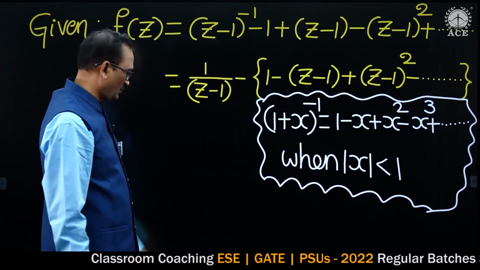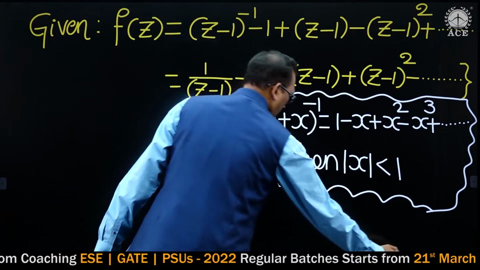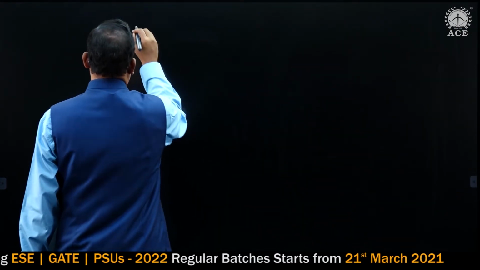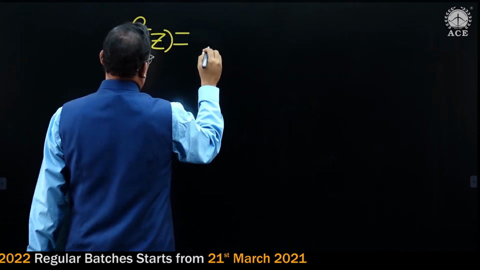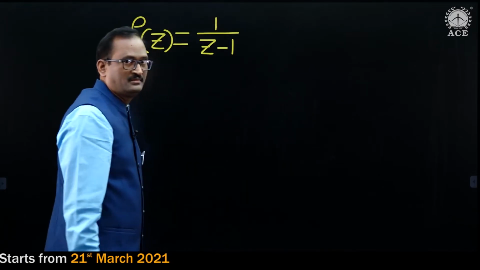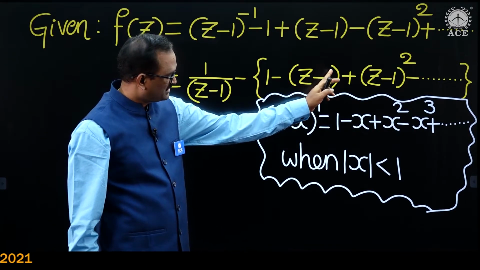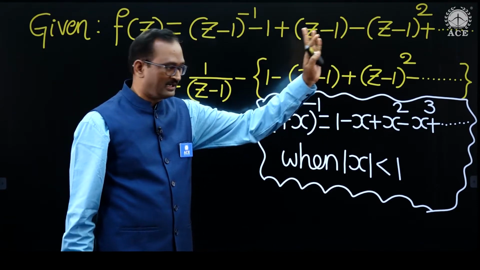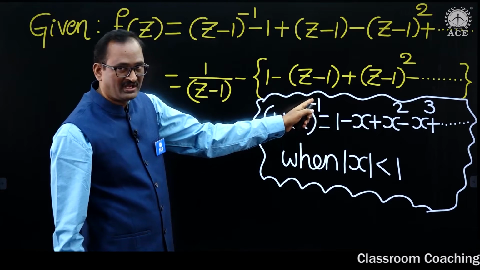Now take the given problem. F of z is equal to 1 by z minus 1. This is 1 minus x plus x square minus x cube and so on. That is the expansion of (1 plus x) whole power minus 1.